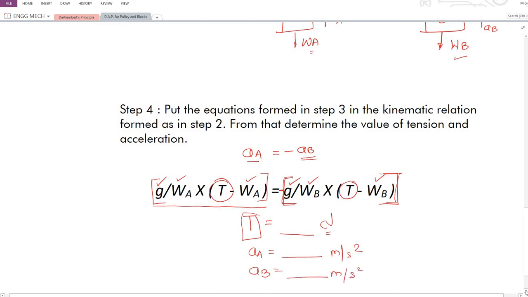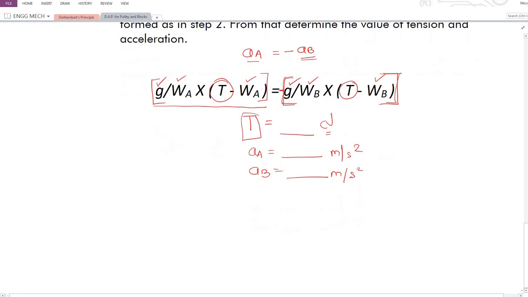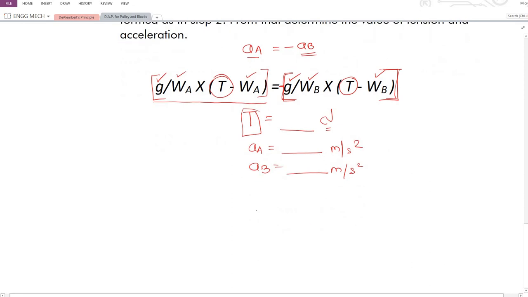Now the main thing: we had assumed the motions of both blocks to be upward. When we input the value of T in the specific expressions for A_A and A_B, we will get some value as positive or negative.